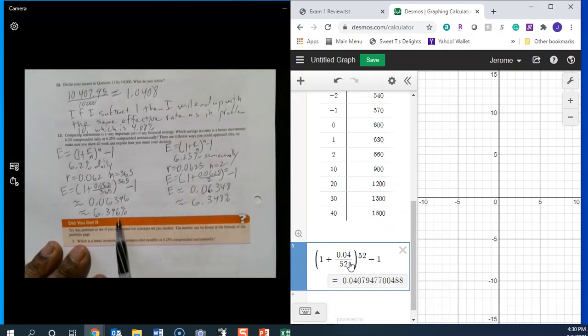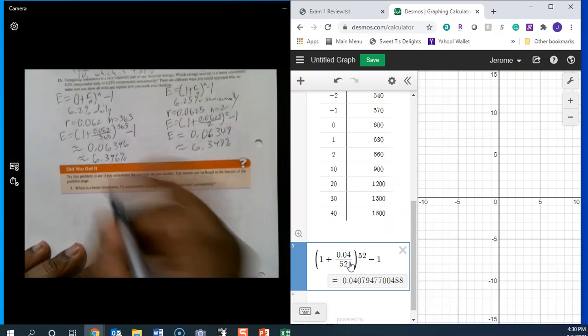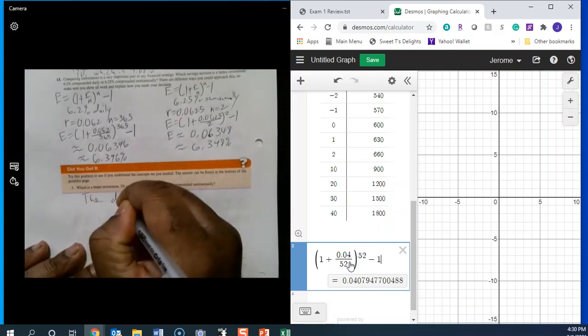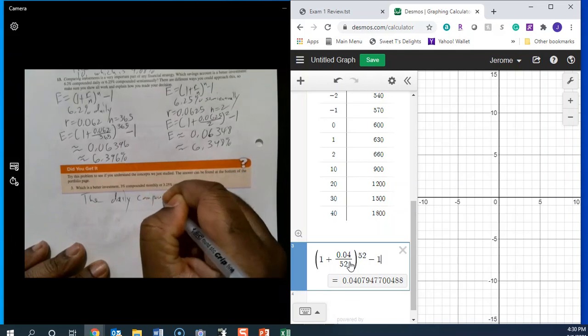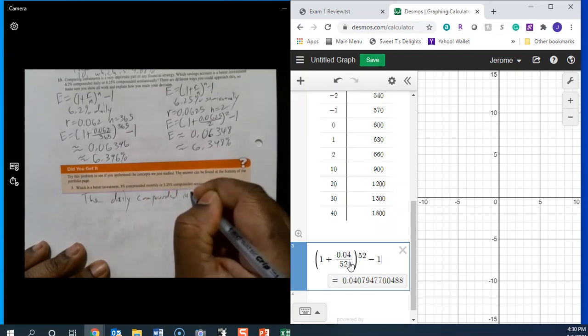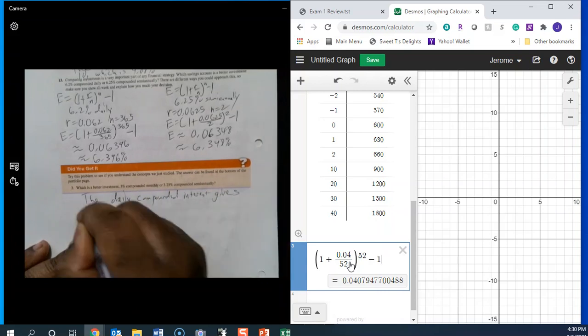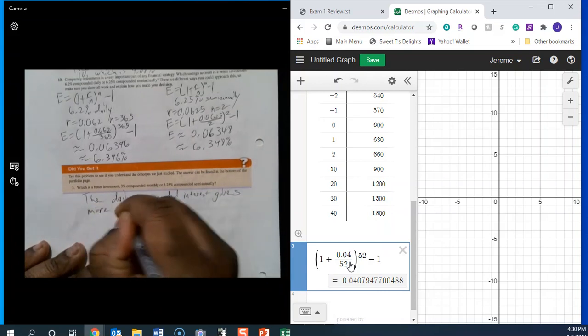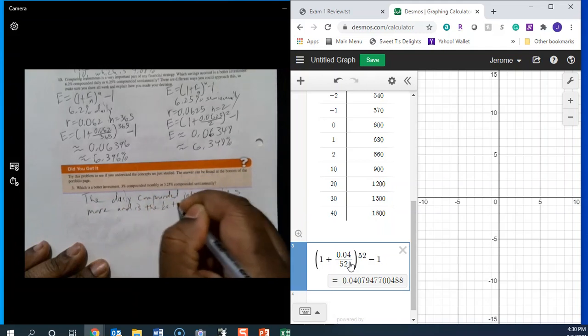Now the daily is higher, so we could say that the daily compounded interest gives more and is the better investment.